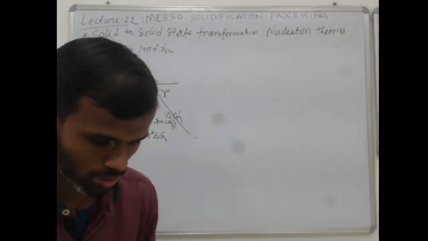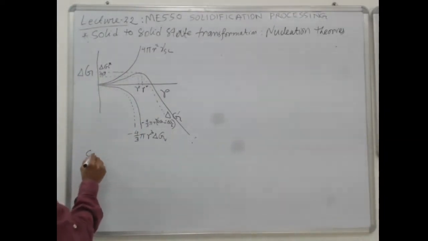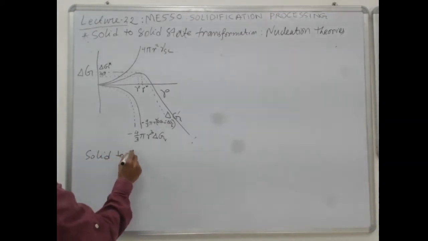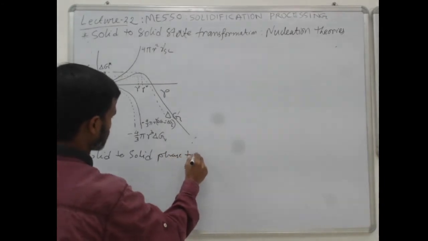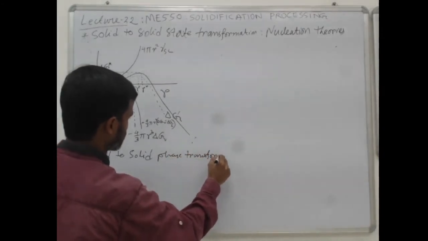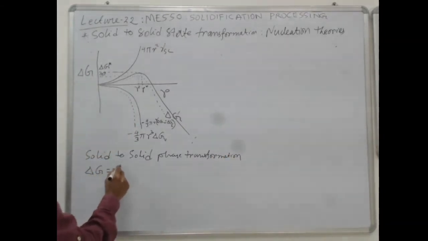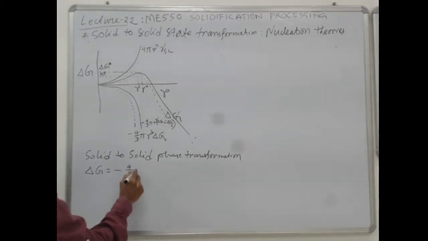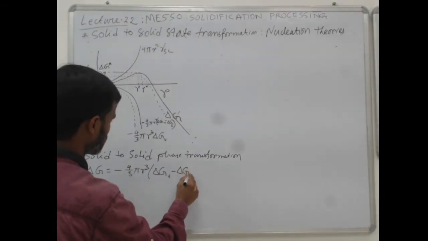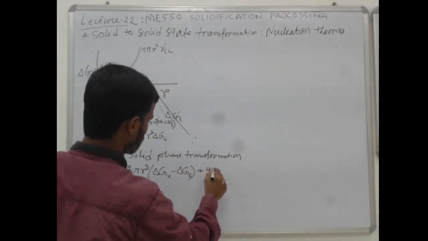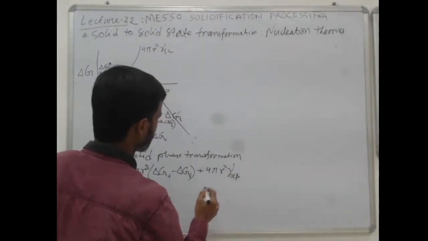Till now, we have seen that for solid to solid phase transformation, delta G is given as minus 4 by 3 pi r cube delta G V minus delta G E plus 4 pi r square gamma alpha beta.